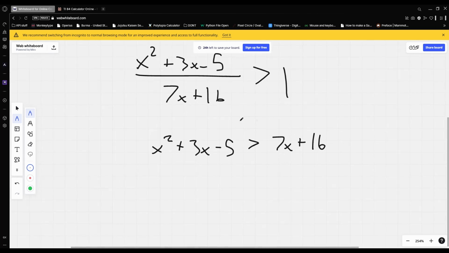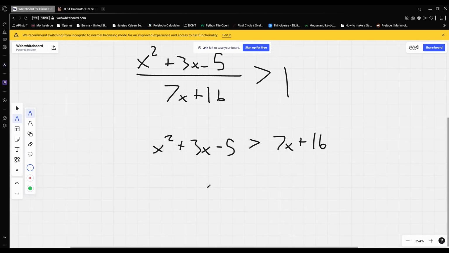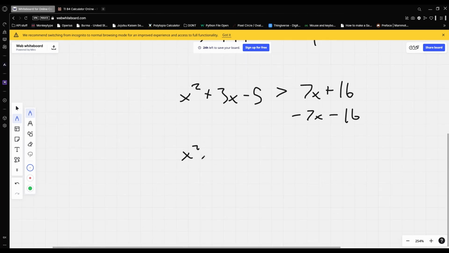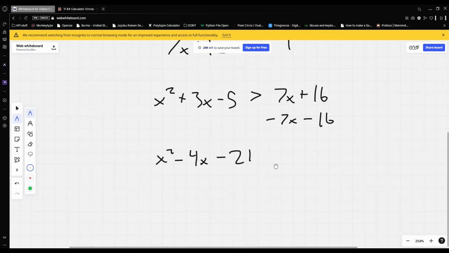So there we go. That's our expression. And all we do now is combine them. So subtract 7x, subtract 16. We get x squared minus 4x plus 11. No, because I'm subtracting, minus minus, that's minus 21. Yes, okay, that should be right.